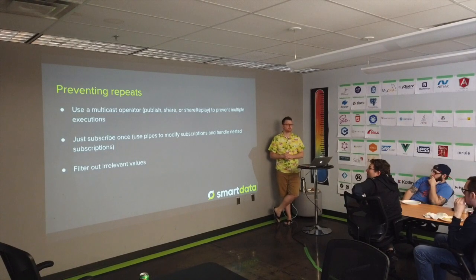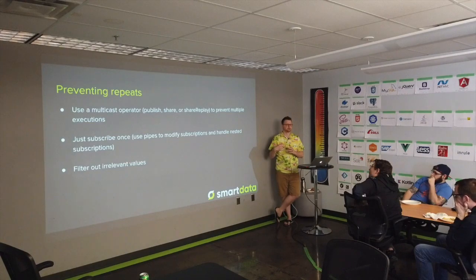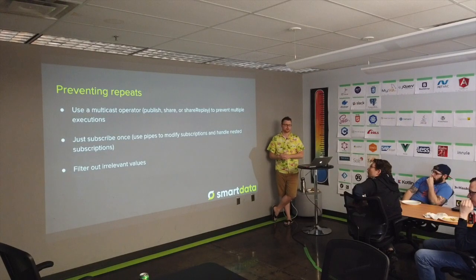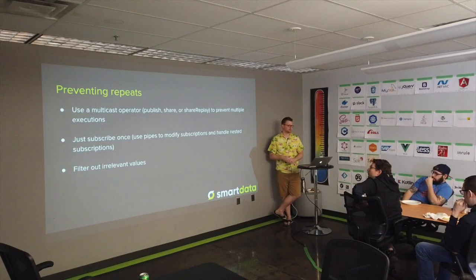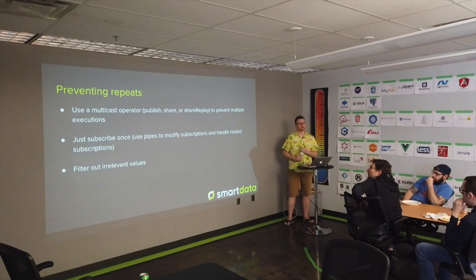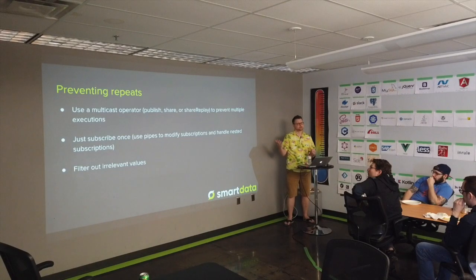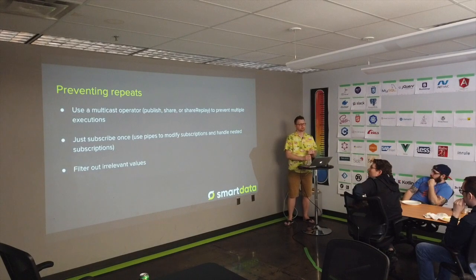Even better, if you can combine them into a single subscription and use pipes to combine everything so you only subscribe once in your component, that's really helpful to prevent a lot of stuff going off where you're not expecting. And finally, make sure you filter out irrelevant values. If some responses come back that you ignore, filter through those before you subscribe so you don't have to deal with them inside your subscription itself.